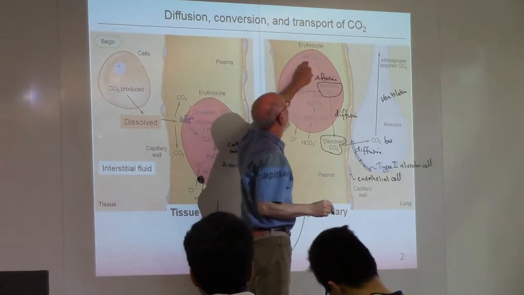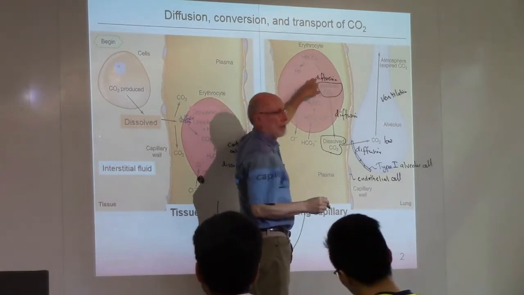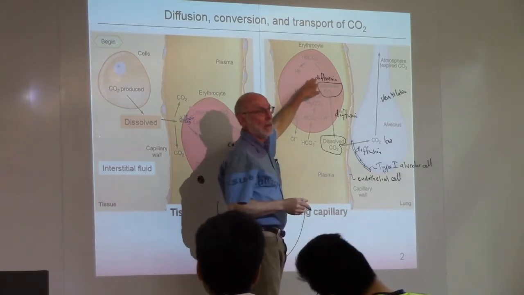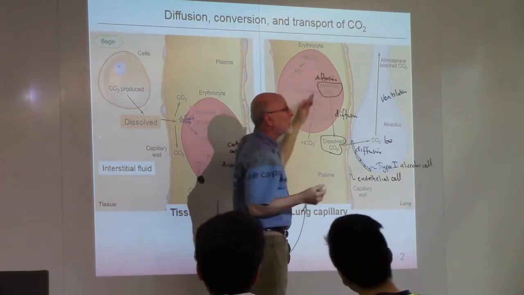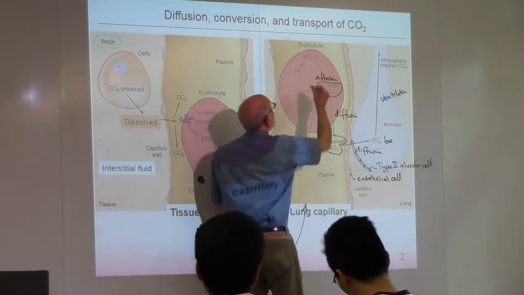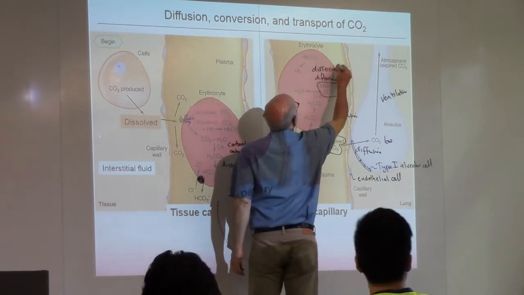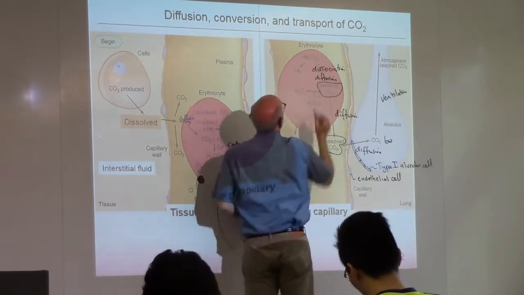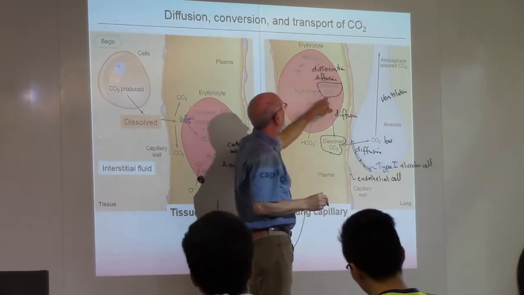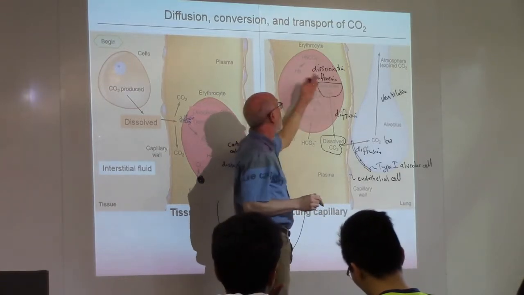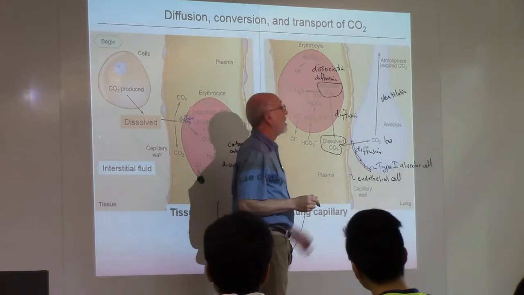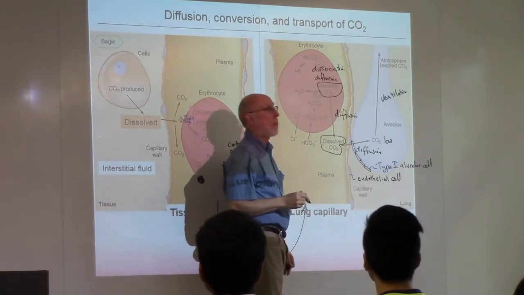How do we get from this to this? Diffusion is part of it. Dissociation or unbinding, yeah. Because here the carbon dioxide was bound to hemoglobin, and here it's free dissolved, and so there had to be an unbinding step included in this arrow.